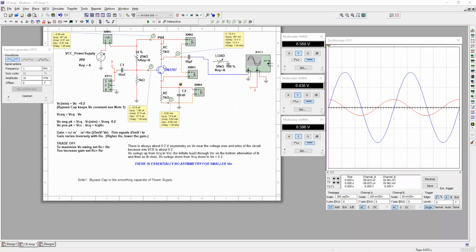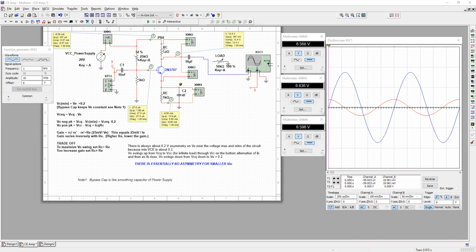It's negative feedback. Likewise, if the current drops at all, the voltage across the emitter resistor will also contract. It will shrink, which means that there'll be more voltage across the base to emitter.